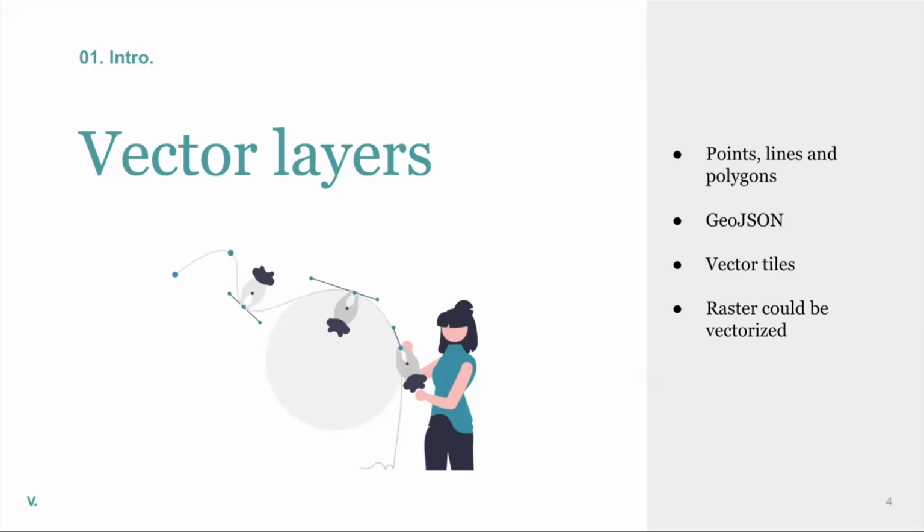So in Visuality, we mainly have two types of data sets, vectors and rasters. With vectors, I think we really love them because they are very easy to work with, and we have several options. The speaker previously showed you some examples.